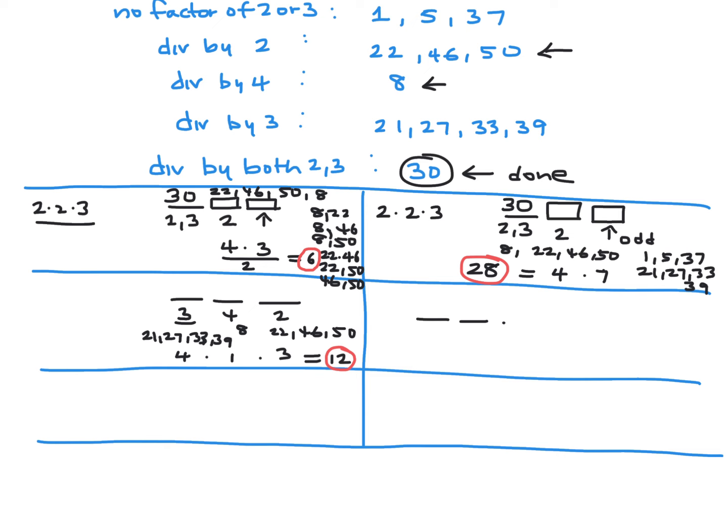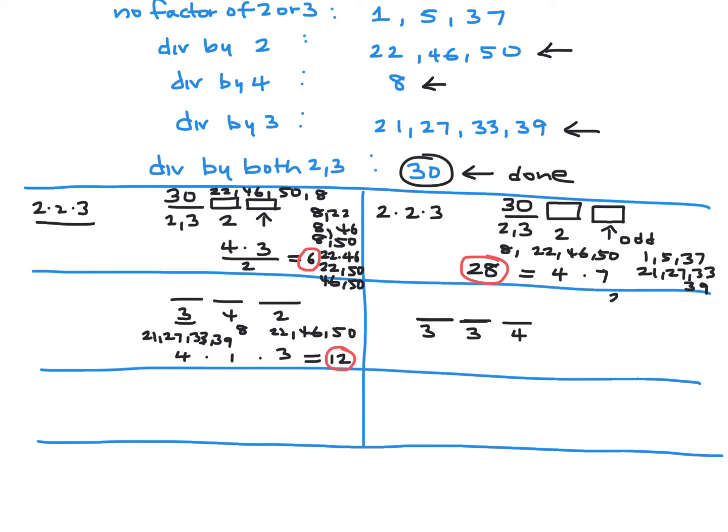The next one would be a 3, 3, 4 strategy. So we want 2 numbers that both have a factor of 3. So we're going to be choosing from these guys, right? So that's going to be these 2 numbers here.